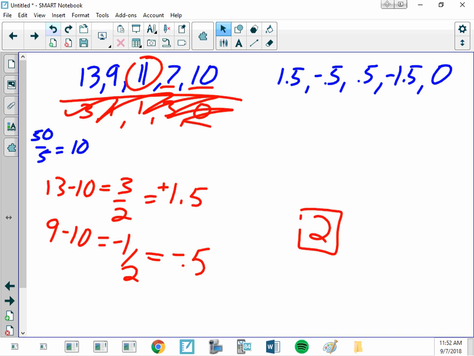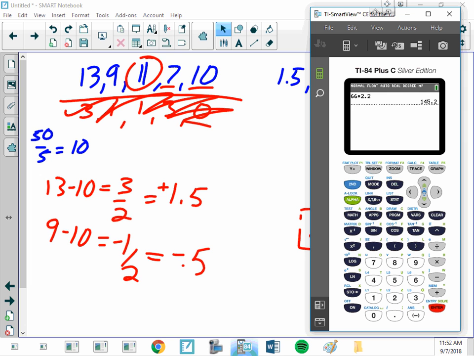What is the SD of this list? Well, turn on your calculators. We're not going to do it by hand anymore. So clear this out, and I enter 1.5, negative 0.5, 0.5, negative 1.5, and the last one was 0, right?